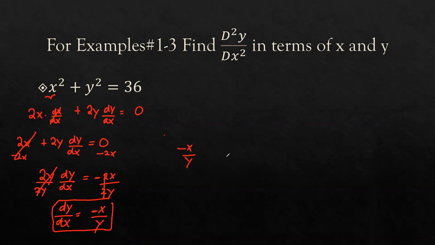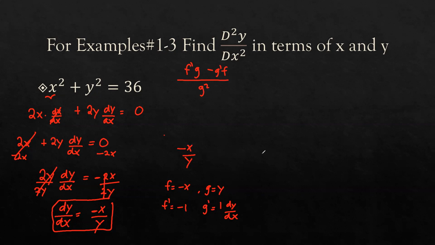If f is negative x, f prime would be negative 1, g is y, g prime is 1 dy/dx. The quotient rule is f prime of g minus g prime of f all over g squared.